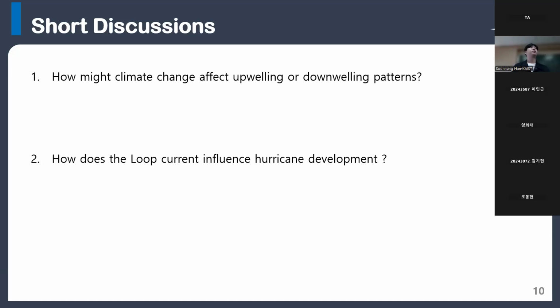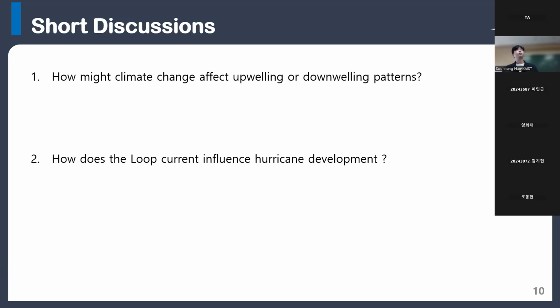You answered everything, so I'll go to the second question. How does the loop current influence hurricane development? It carries heat, right?